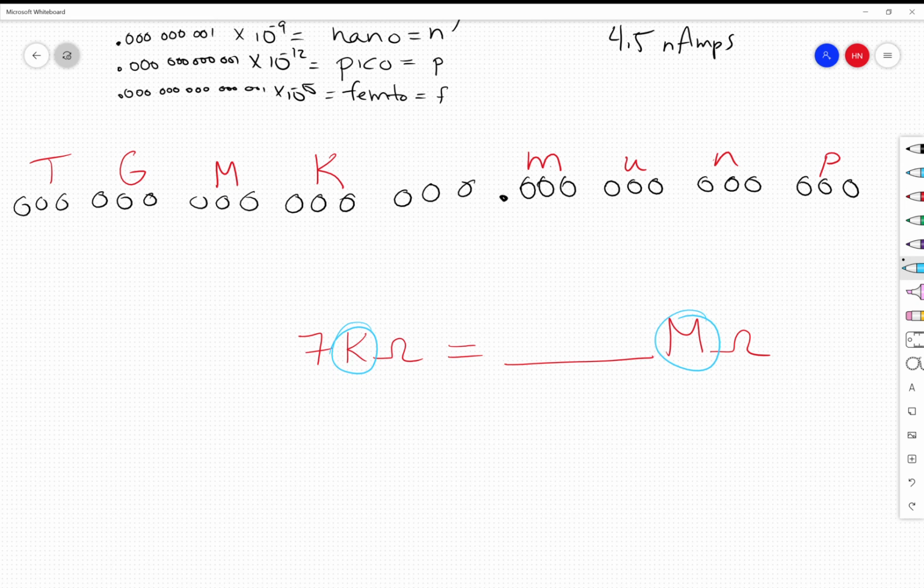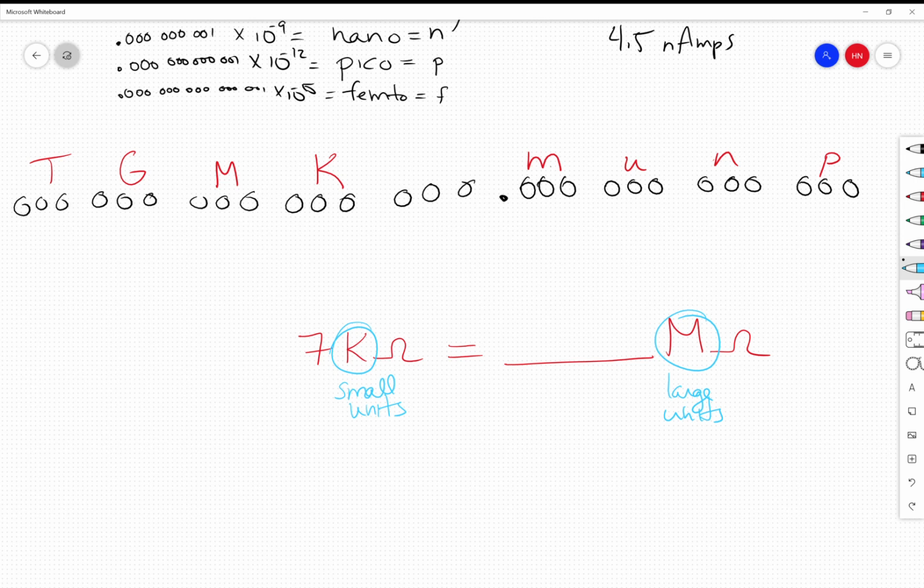With a smaller unit, you will have a lot more quantity. So kilo, in this case, is a smaller unit compared to mega. This is like my pennies, and this is a large unit. So you're going to have more small units than large units.